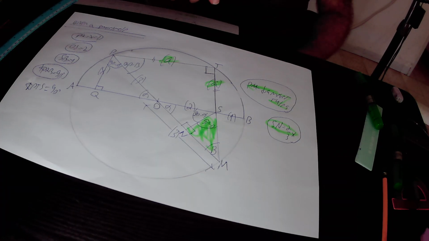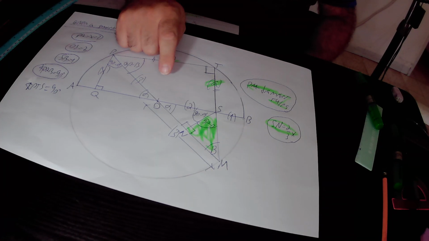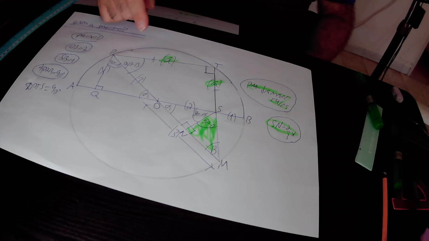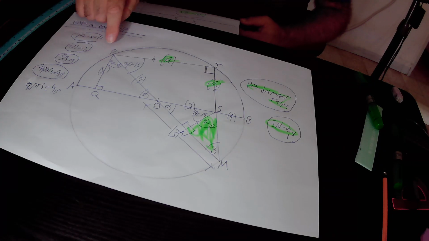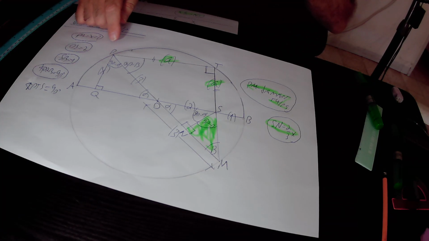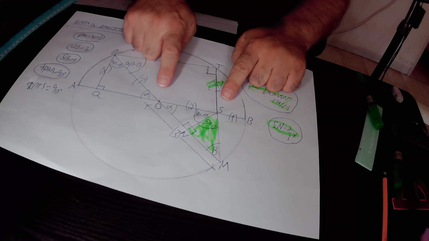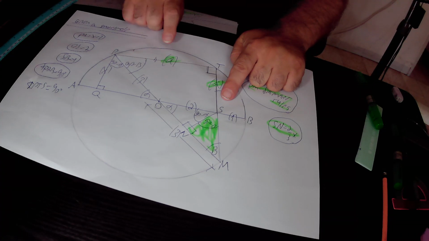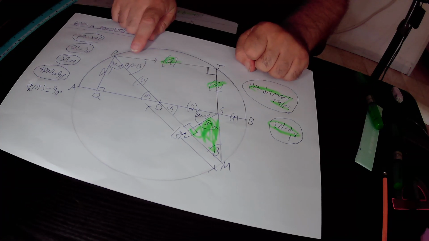Side SN of the lower right triangle ONS over side PQ of the upper right triangle PQO is equal to side OS of the lower right triangle OSN over side PO of the upper right triangle PQO.